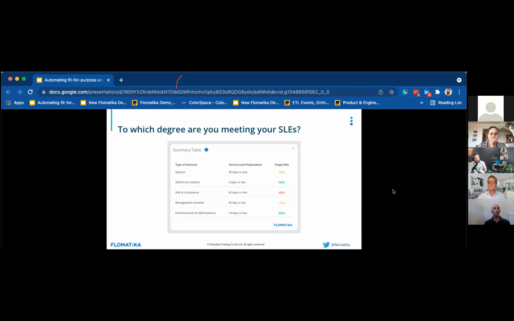So for instance, if we know that a feature is expected to be completed in 30 days or less, and we have one feature in progress that is, let's say, 25 days old, then that's 80% of the service level expectation. So WIP age at that stage is already 80% of the service level expectation.